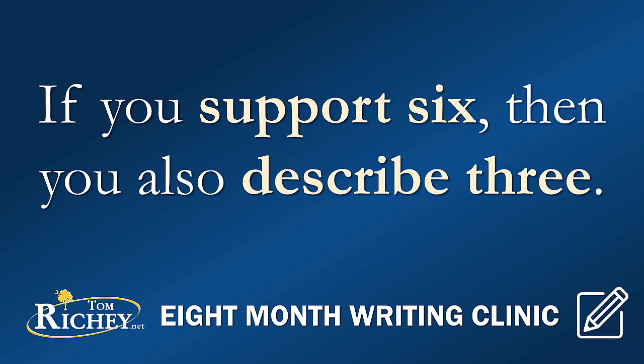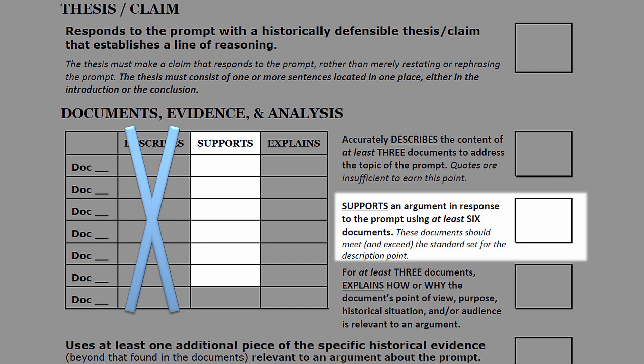So if you are using the documents consistently to support an argument, that's one less thing that you have to worry about. So really, instead of 7 boxes, you can look at this as 6 boxes because there's no way to earn this point for supporting without earning the point for describing. So if you're using the documents to support an argument, then you have earned not 1 point, but 2.